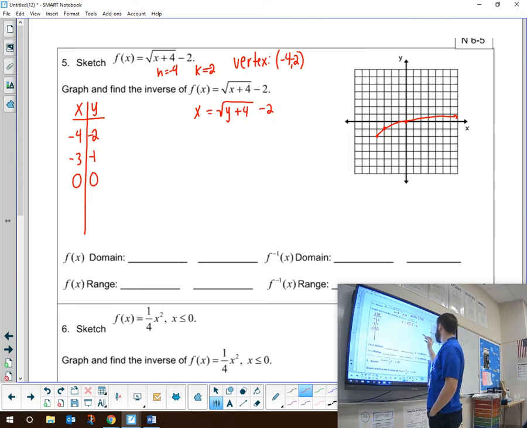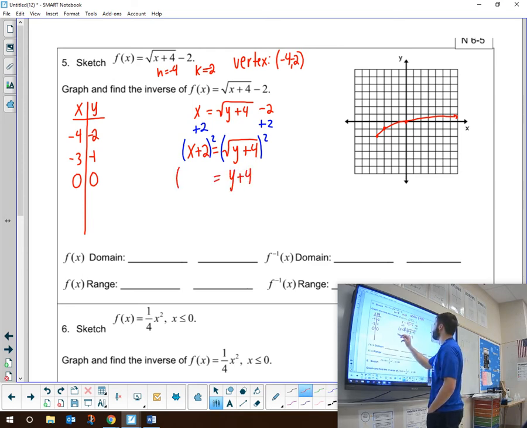And so now we can just work this out. We can add 2 to both sides, and it's just like what we did yesterday. We're going to add 2 here, add 2 here. We're going to have x plus 2 equals the square root of y plus 4. I can square both sides. We're going to have y plus 4 equals x plus 2 squared.